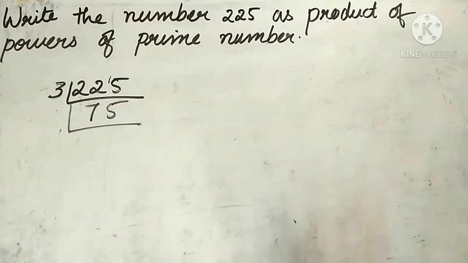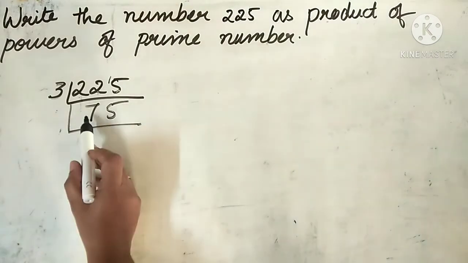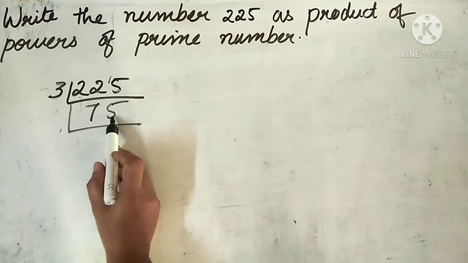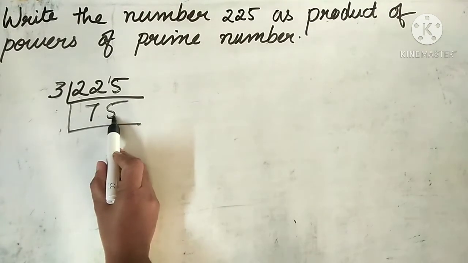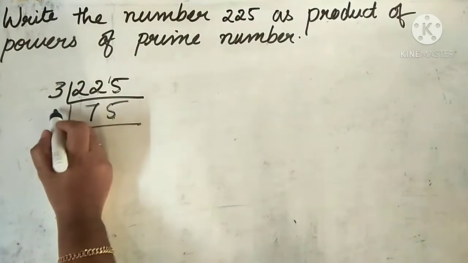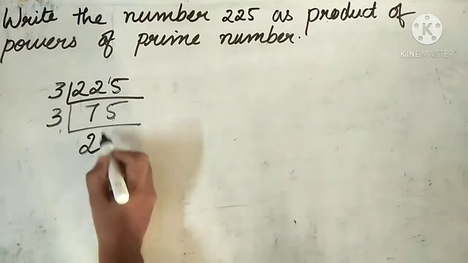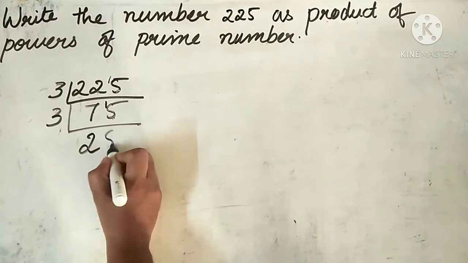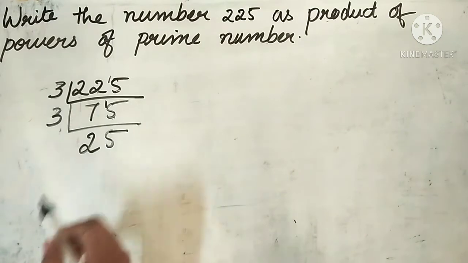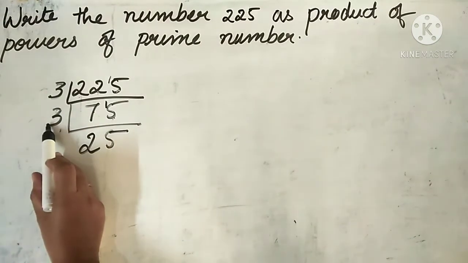No. So we take the next number, 3. 7 plus 5 is 12, which is divisible by 3, so 75 is also divisible by 3. In 3's table, 2 sixes are 12, balance 1, I give it to the next number. It becomes 15, which goes 5 times. Then 25: 25 will not go in 3's table.